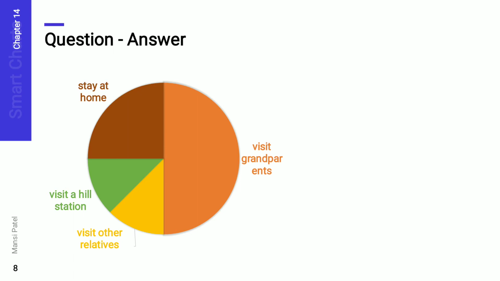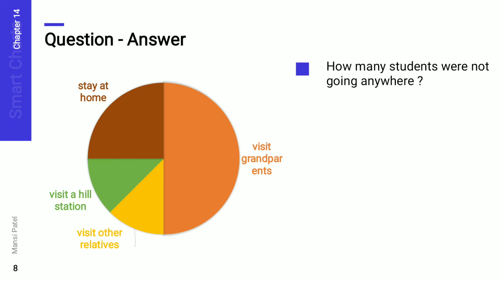Now let us see another question. Here it is asked: how many students were not going anywhere? Not going anywhere means they stay at home only. Again here we have to give the answer in a number. How? First of all you have to find the fraction for staying at home.